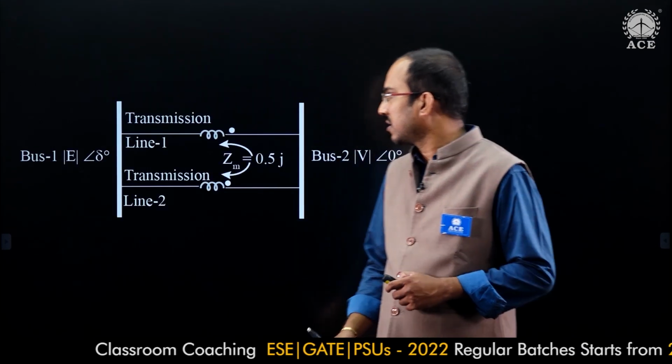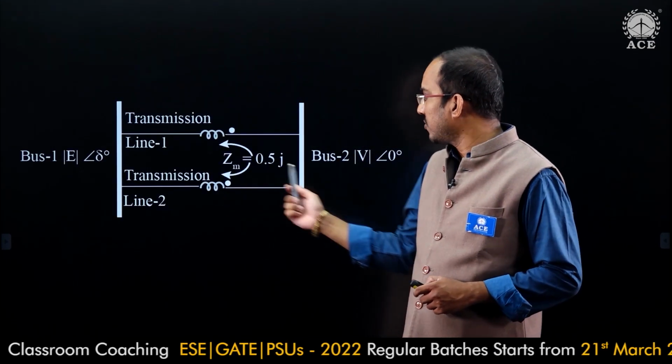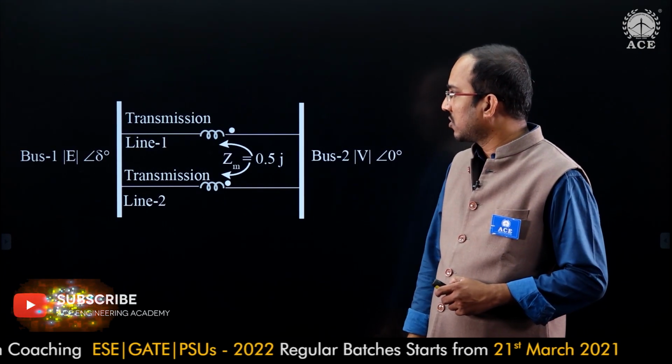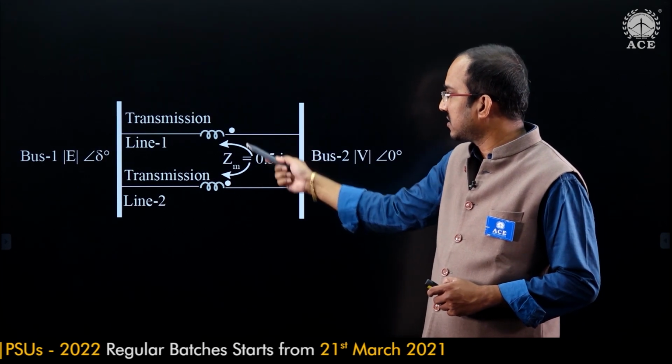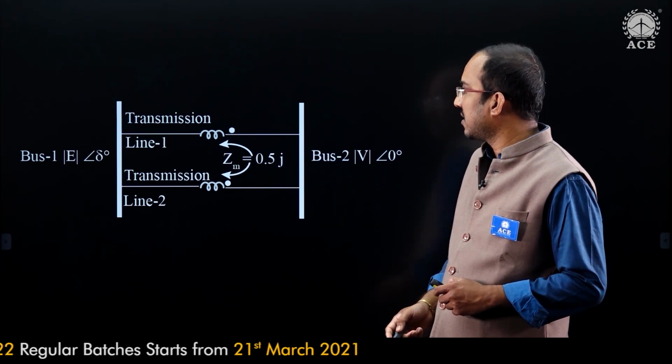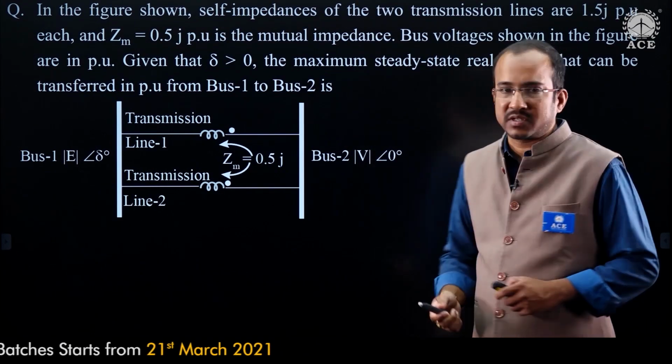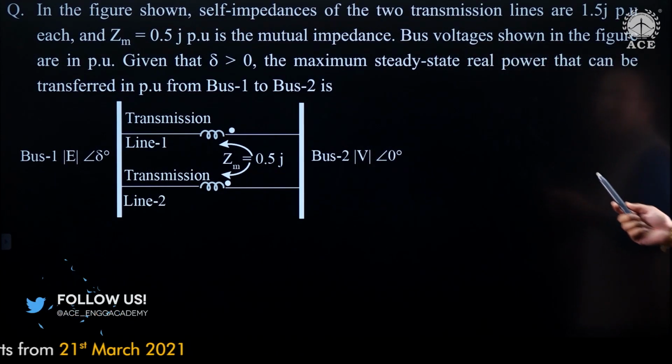Now, let us observe this problem. He has given two buses, bus 1 and bus 2, which have a mutual impedance between the lines, Zm of 0.5J.